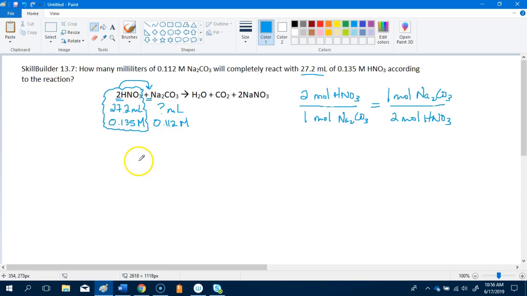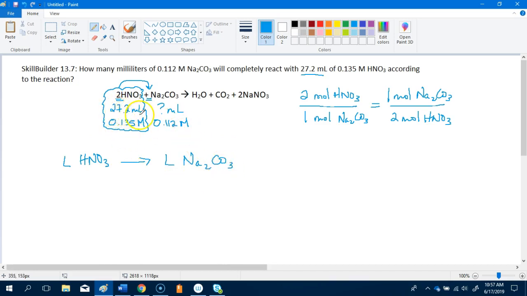One other thing, I am going from liters of HNO3, and I'm converting to liters of sodium carbonate. So my formula is going to go by this sort of solution path. I'm going to be starting out with my liters of hydrogen nitrate to find my liters of sodium carbonate.